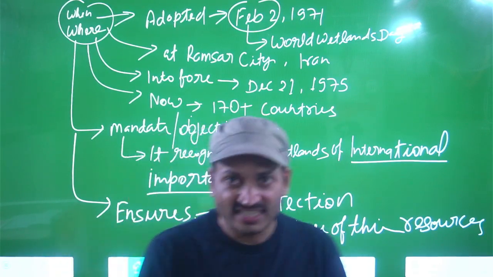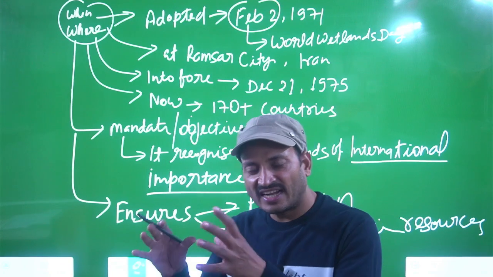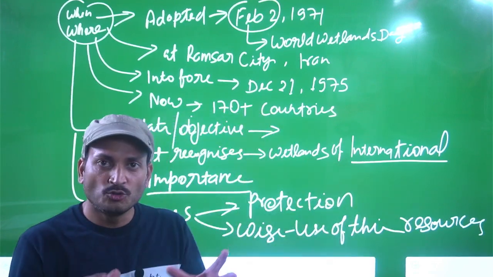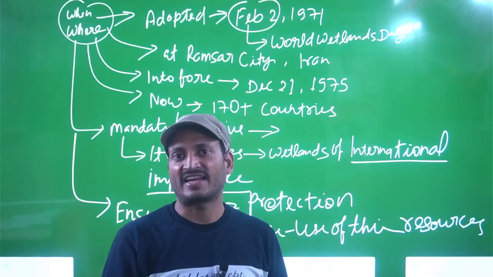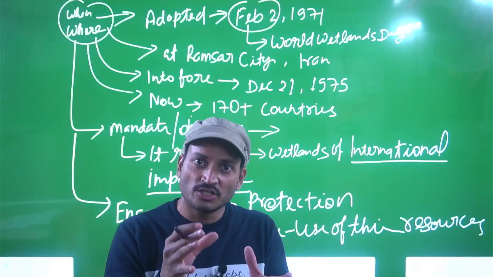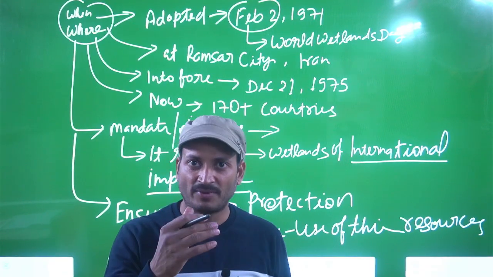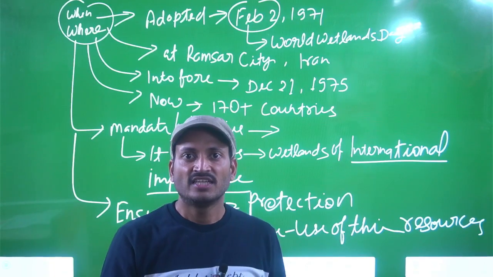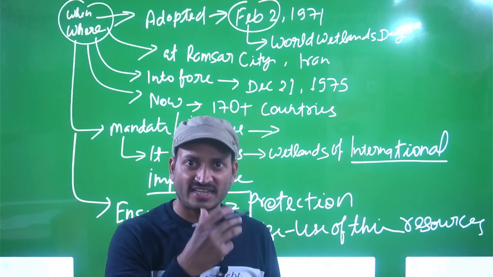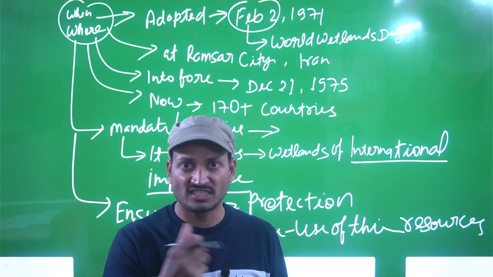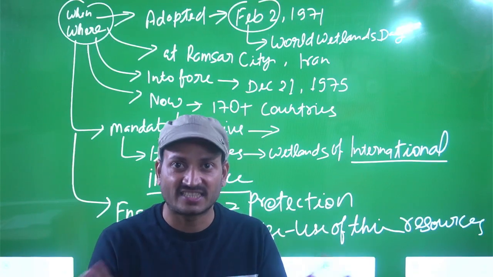So this Ramsar Convention is not just disallowing the use of the resources of a wetland. It only says that the use of the resources must be wise, sustainable. For example, you can use the water of wetlands. You can take the fish from the wetlands for consumption, but that should be sustainable.